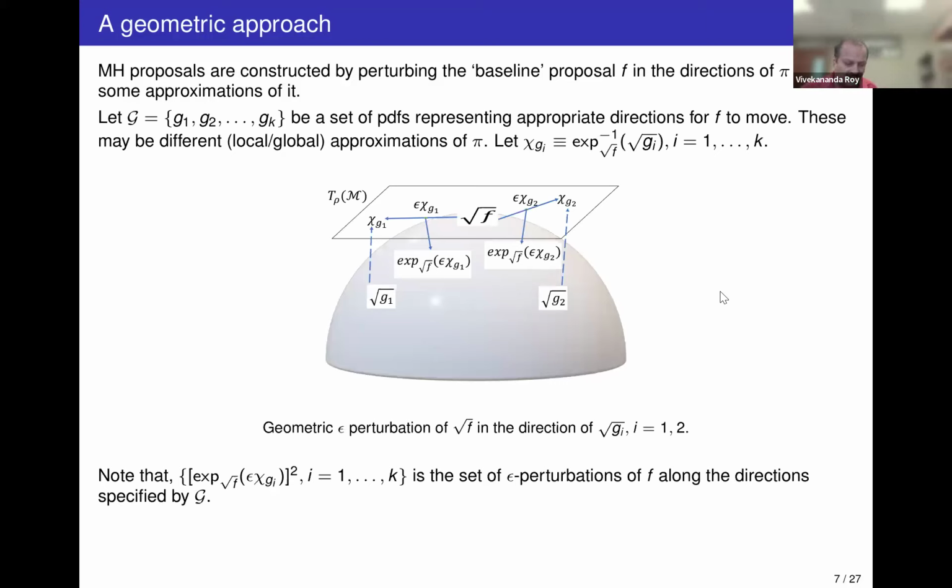So suppose I use k such directions, which I'm going to call k PDFs, G1 to GK, along which I'm going to move my F according to the geodesic path. Now, these G_i's can be some local or global approximations of F, but they don't have to be. We'll talk about examples. It can be quite a non-informative choice too.